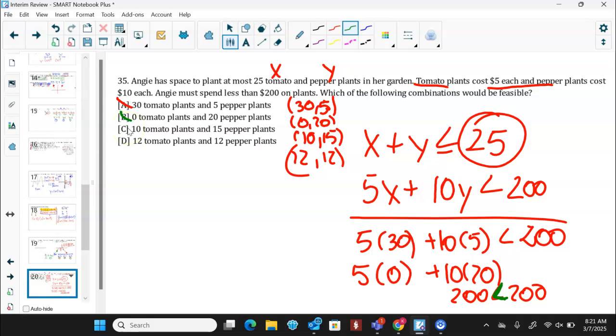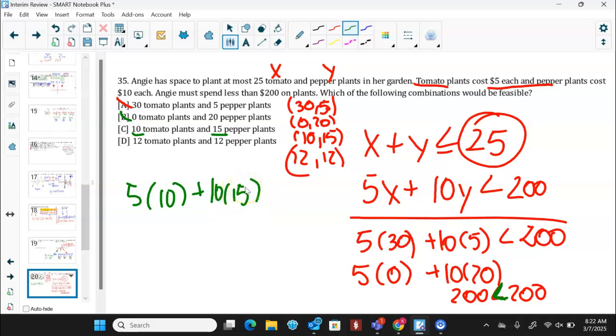All right, C, let's see. 10 plus 15 will make it equal to 25. So let's see if that works. So we have 5 times 10, so I'm doing this point right here, and then plus 10 times 15.